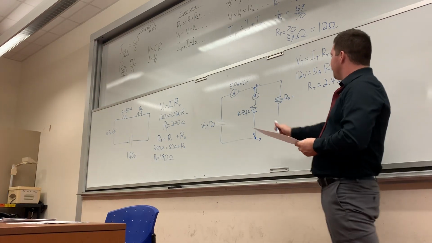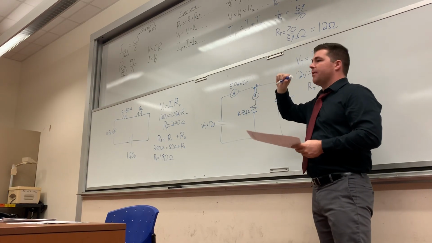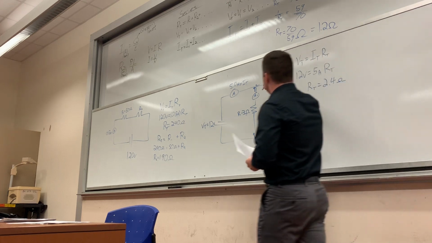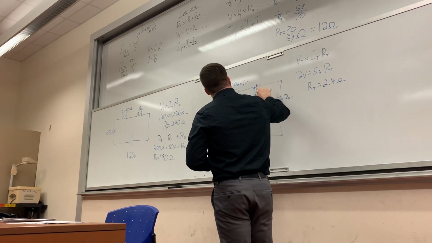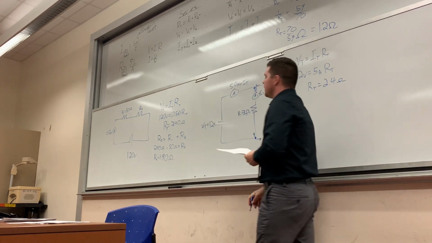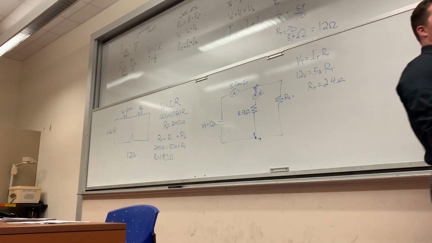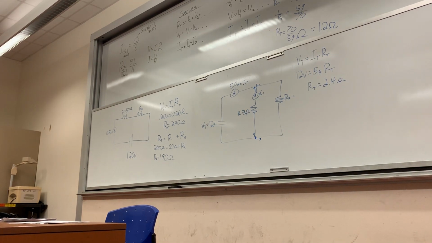What do you think? How can we find A1, which would really be I1? I want the current in just that branch. What do you see? 12 over 3. You're doing our total voltage divided by R1. Why does that work out?